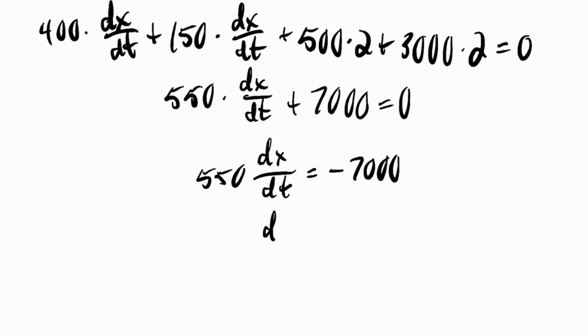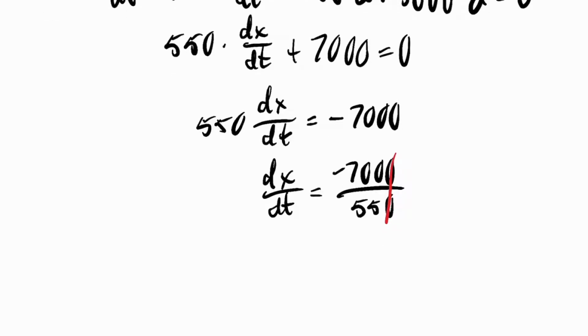And then divide the 550 on both sides. Now I can do a little bit of reducing, these zeros reduce, right? And then the top and bottom are both divisible by 5. So dx dt equals negative 140 over 11.